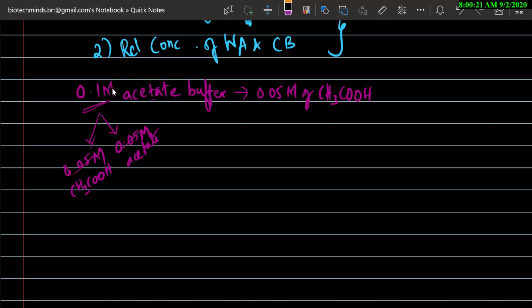Instead of preparing acetate, you are going to prepare 0.05 moles of sodium acetate. That will give you the conjugate base acetate, sodium acetate, CH3COONa. Now this gives you the 0.1 molar acetate buffer. So you are going to dissolve it in 1 liter of water.